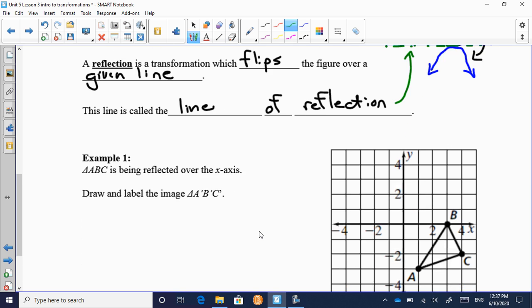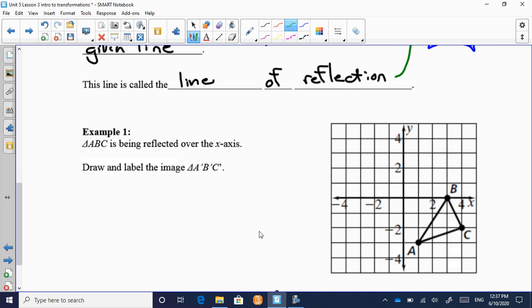Okay, so here we go. Triangle ABC is being reflected over the x-axis. So it's basically going to be reflected over that horizontal axis, and it says draw and label the image of ABC.